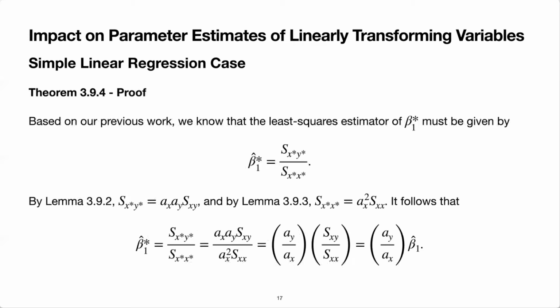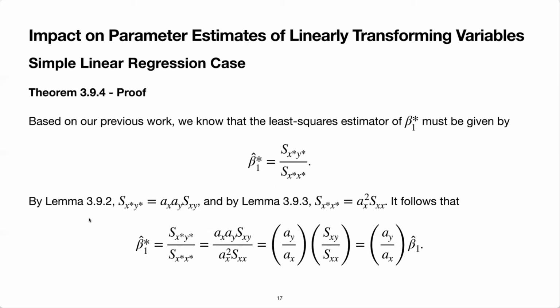And so based on our previous work, we know that the least squares estimator of beta 1 star must be given by the following. So beta 1 star hat is equal to, by the theory of least squares, the corrected sum of products of the x star and y star values, so s sub x star y star, divided by the corrected sum of squares of the x stars, so s sub x star x star.